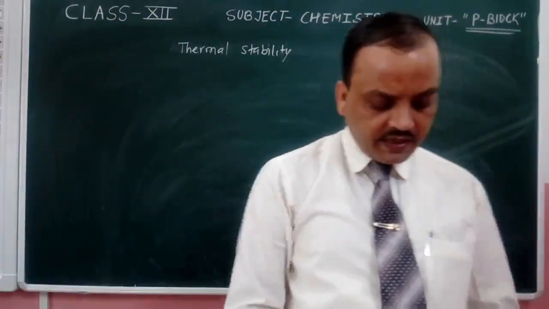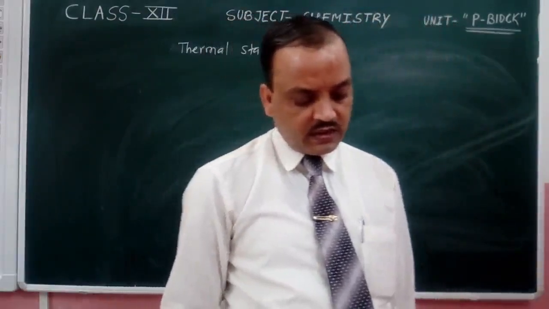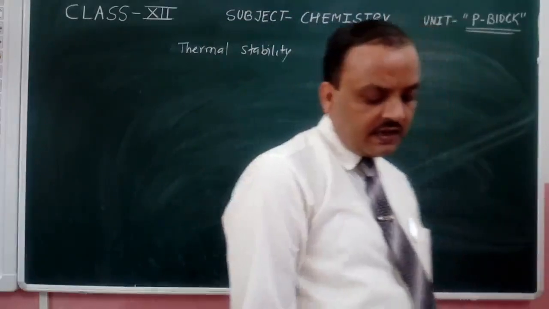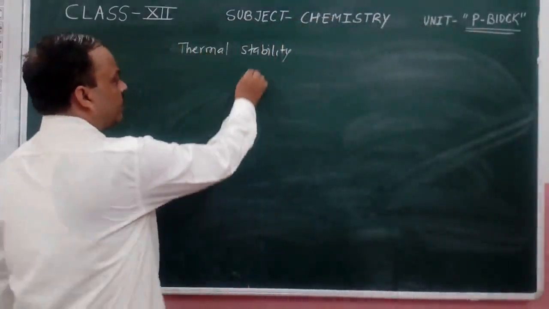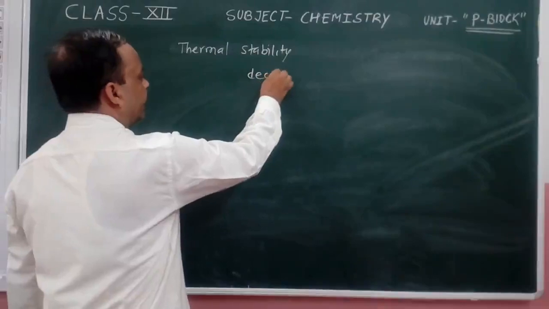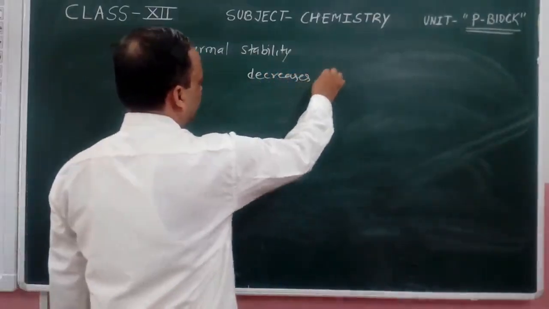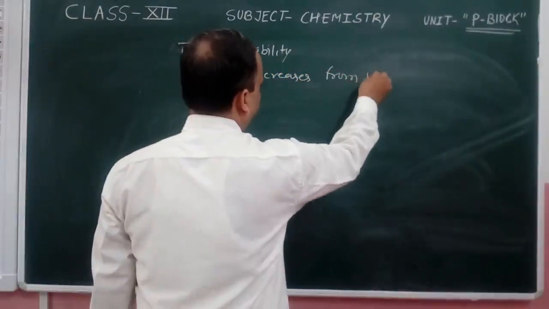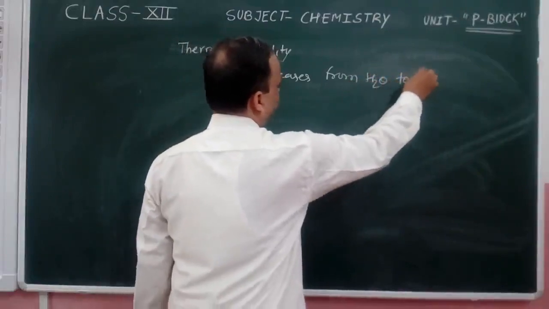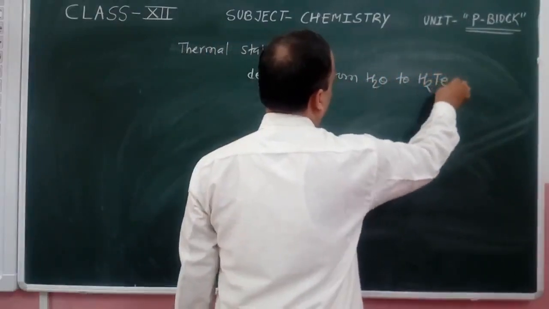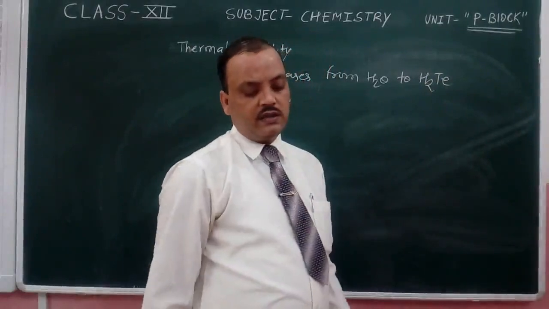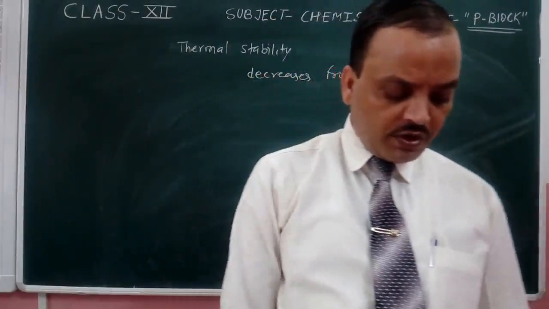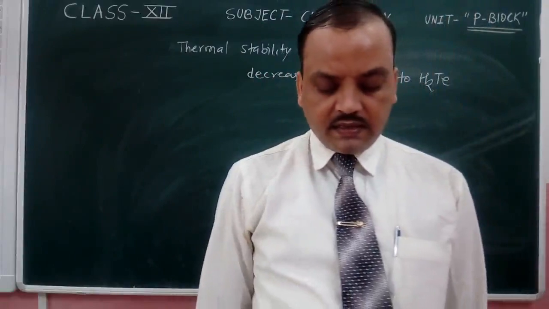Water gets dissociated at different temperature values. Generally it decreases from H2O to H2Te, that is, the value of the bond dissociation energy decreases.